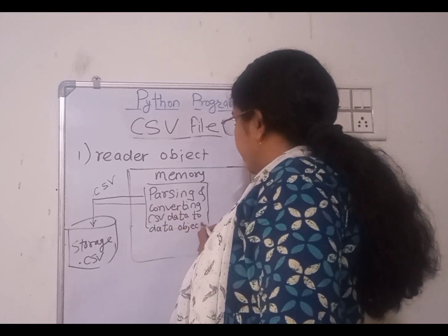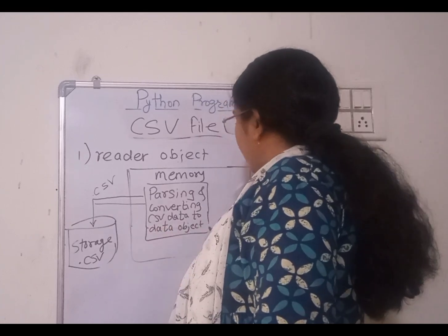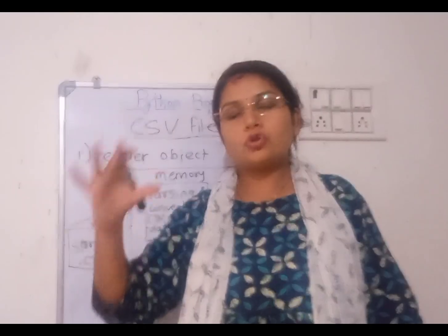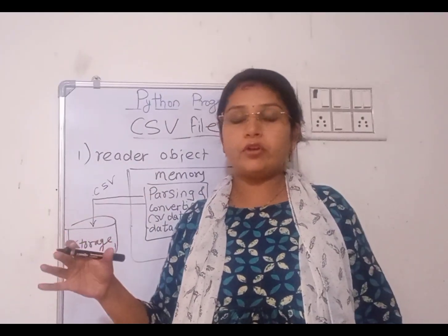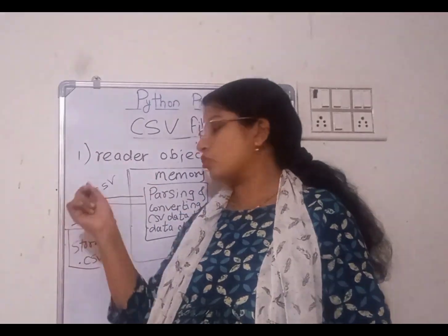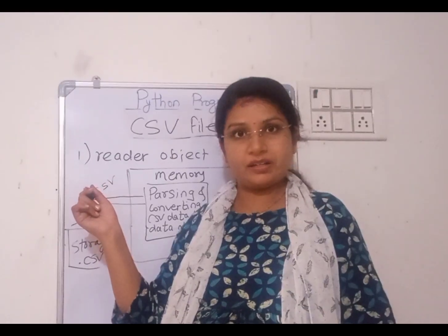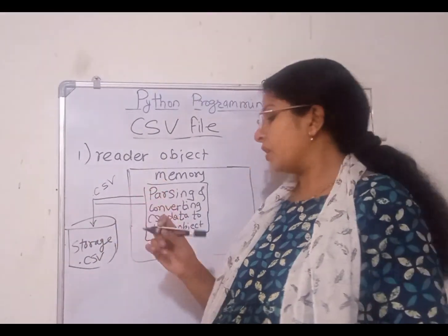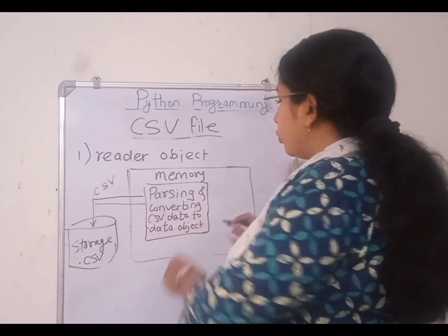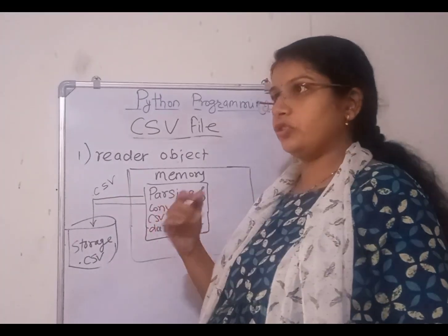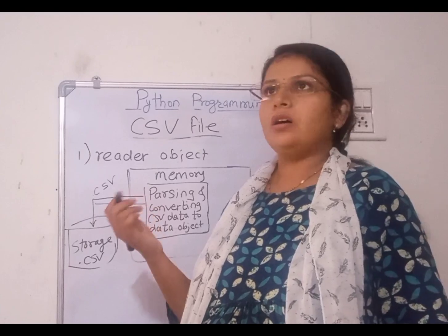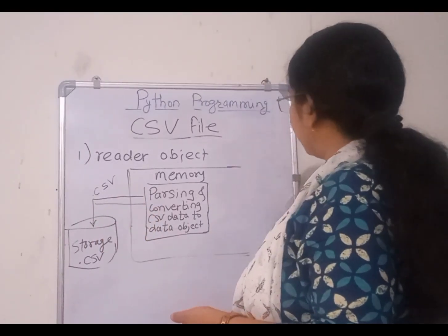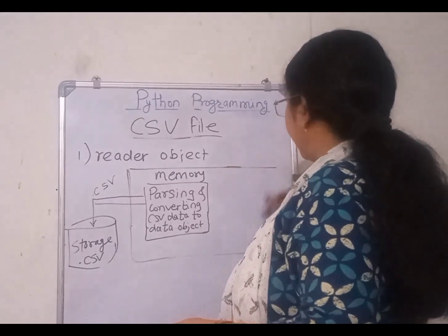Because just like a binary file, you can't read the CSV file directly. To display it in the output window, you need to take the CSV file from your hard disk drive, parse it line by line, and then convert it to data objects. Your data object will be a string, list, tuple, or dictionary.